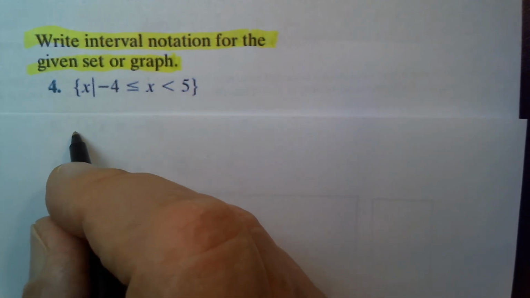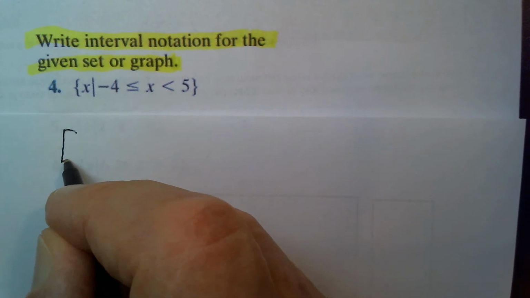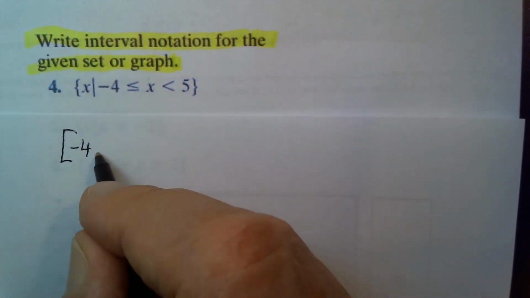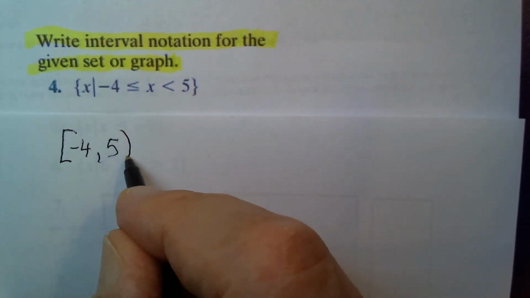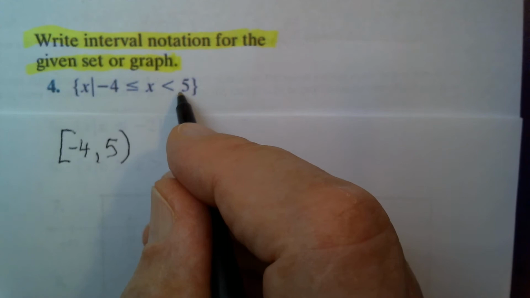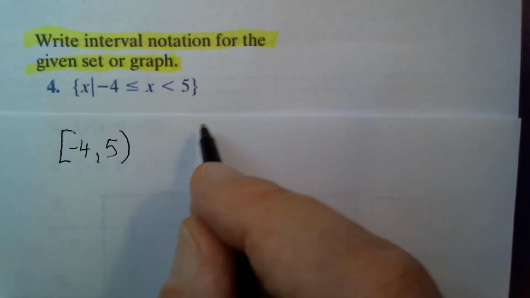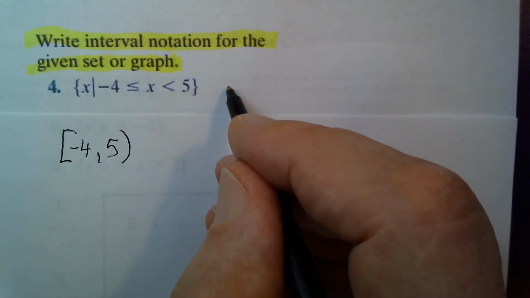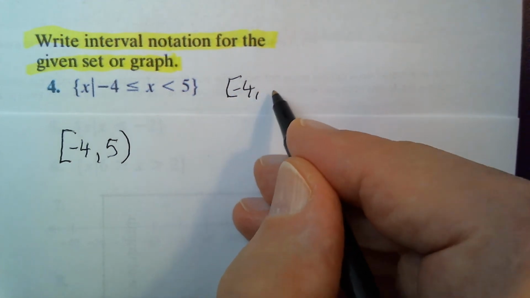So that means in interval notation, we include the endpoint -4 because it's a less than or equal, and then goes to 5, and then it has a parenthesis because 5 itself is not included. It's strictly less than 5. So that would be the solution to this interval here. So -4, 5.